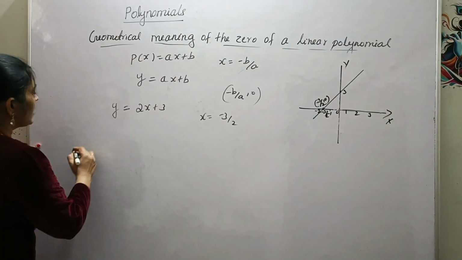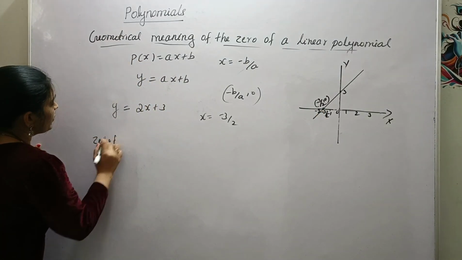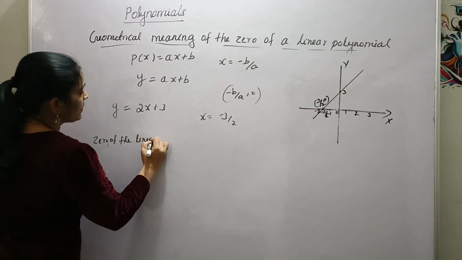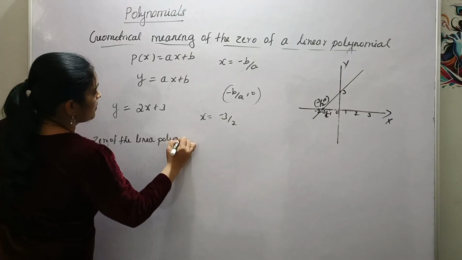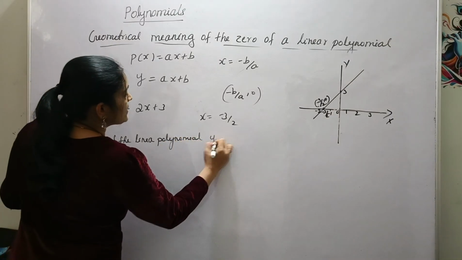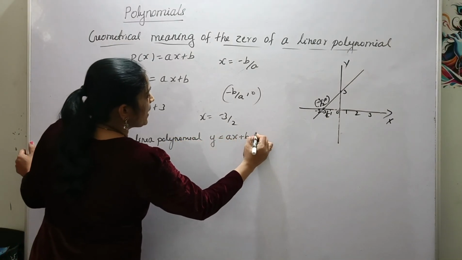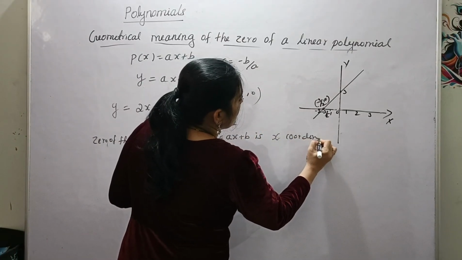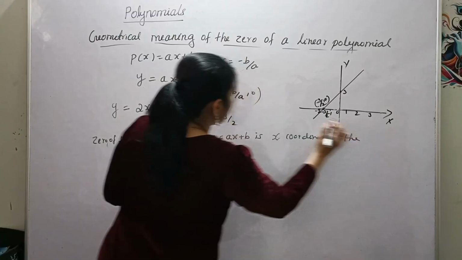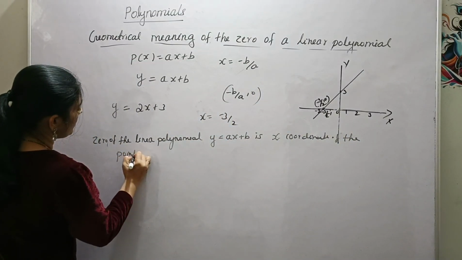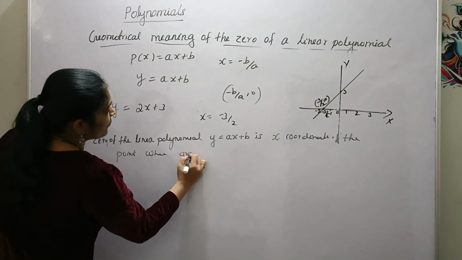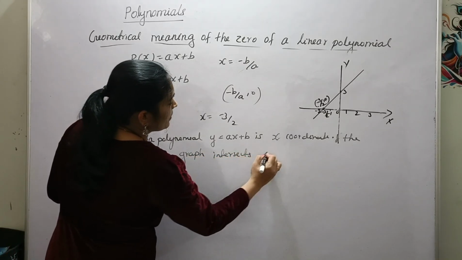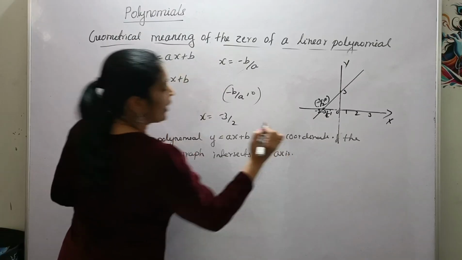So here we can say the zero of the linear polynomial y is equal to ax plus b is the x coordinate of the point where the graph intersects the x-axis.